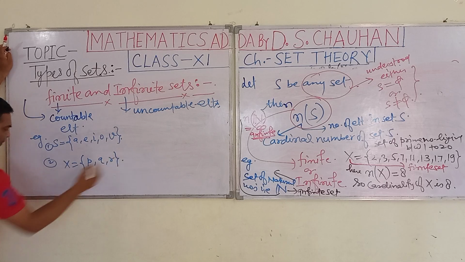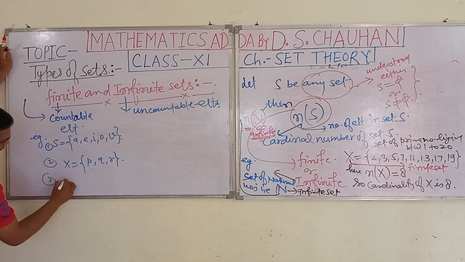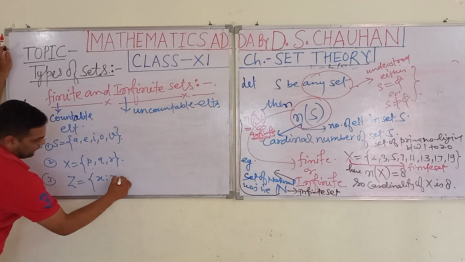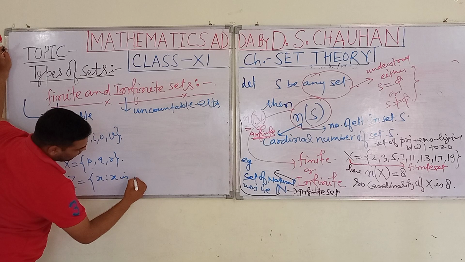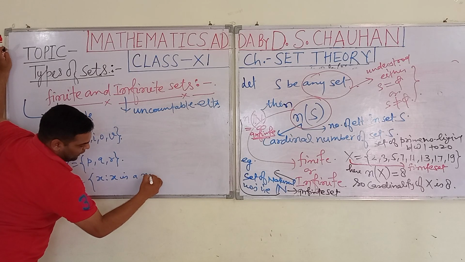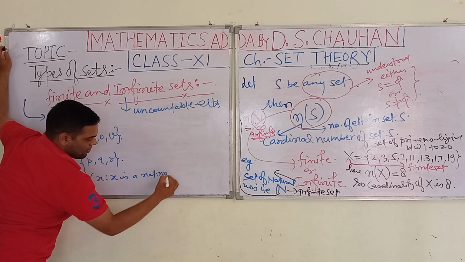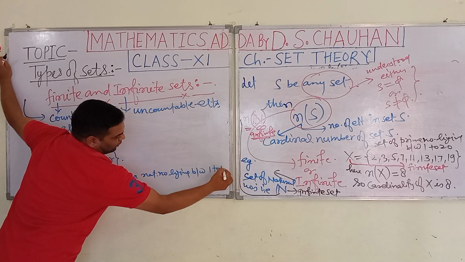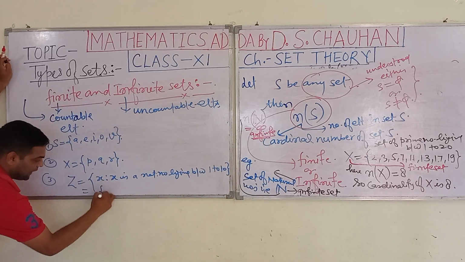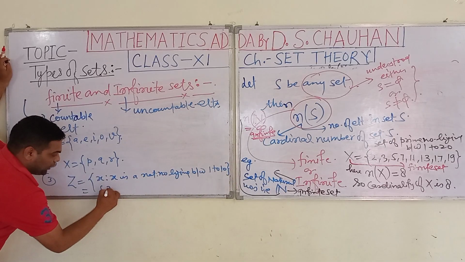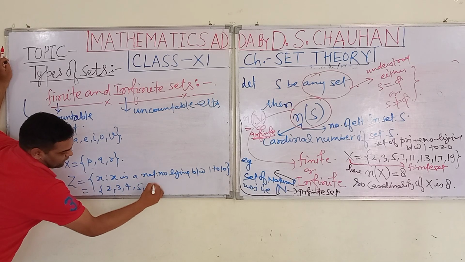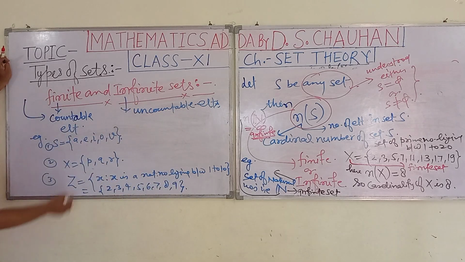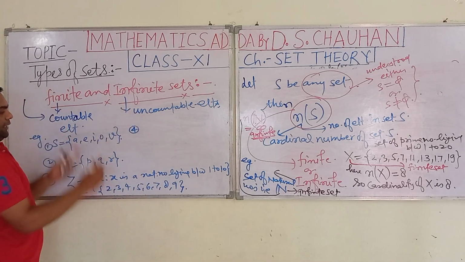See here, students, I am writing the set A = {A, E, I, O, U}. One more set: X = {P, Q, R, ..., Z}. Another set: X such that X is a natural number lying between 1 to 10.